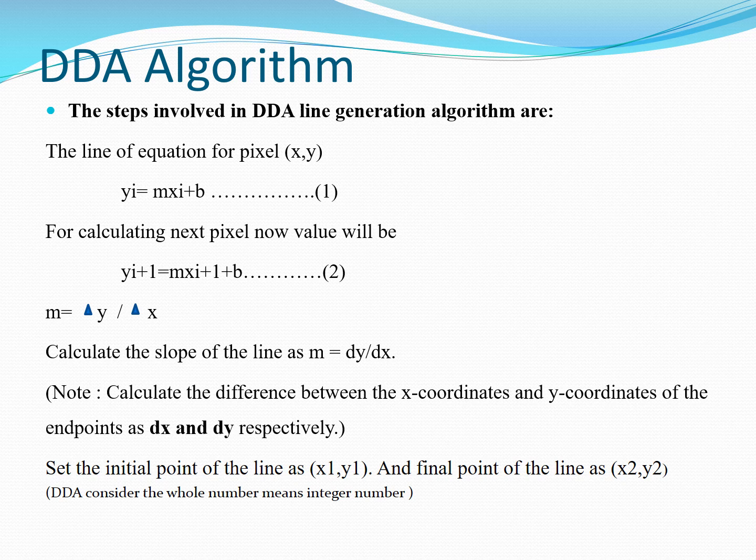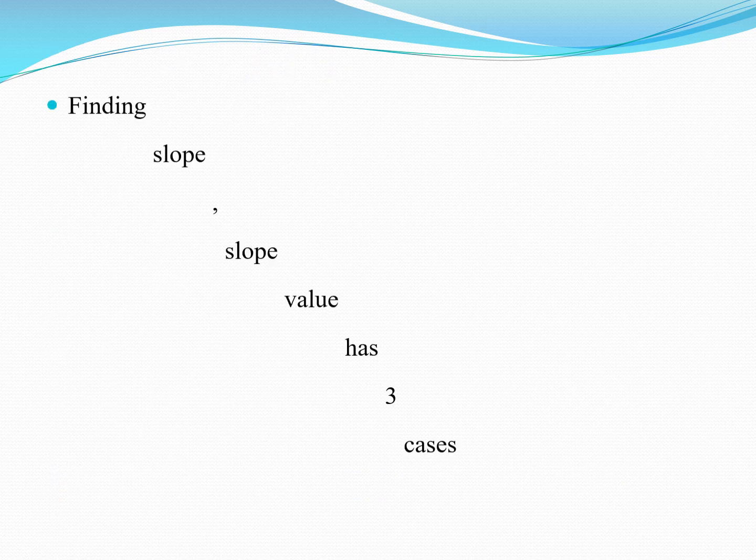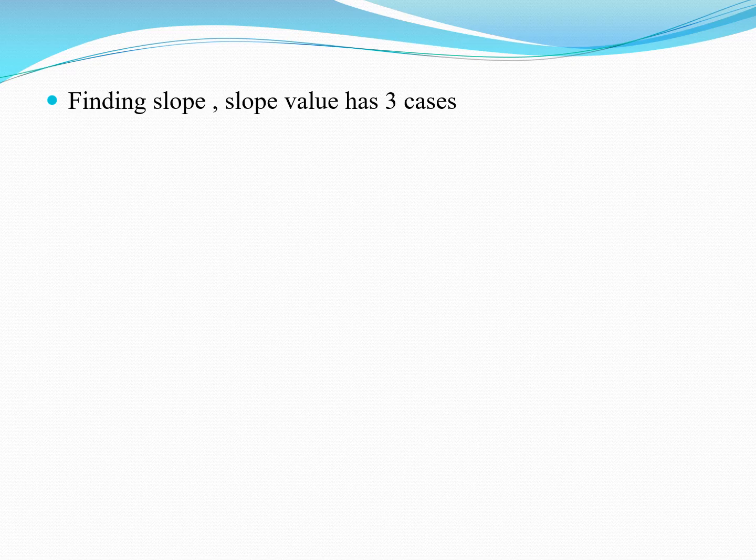There are three conditions for the slope value. We get either m greater than 1, or m equal to 1, or m less than 1. Based on condition 1, when m is less than 1, we will see how to increment the x and y values.